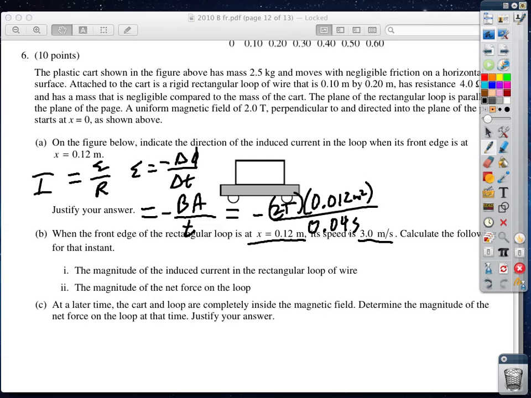Questions? Let me draw it like this. This part is in the magnetic field. They told us that this distance right here was 0.12 meters, and we know that this height is 0.1 meters. So I just multiplied the two together.